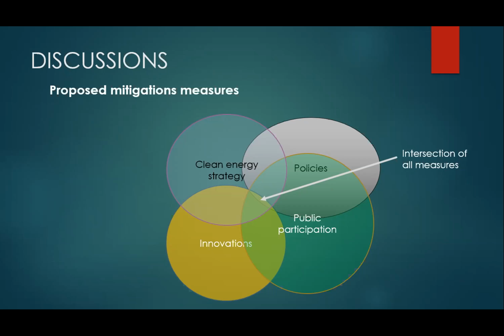So we need innovations. The government should support those innovations that see efficiency in energy and, of course, green energy. There's also policies. The government should structure policies that see improvement in terms of green energy, so that we have policies that support green energy and try to suppress the use of fossil fuel.